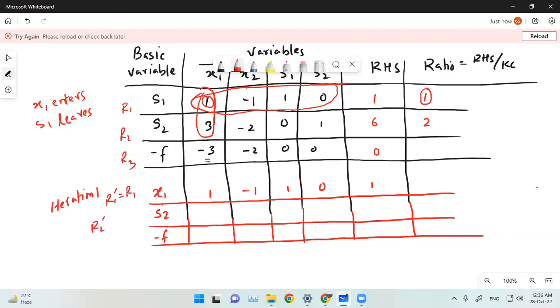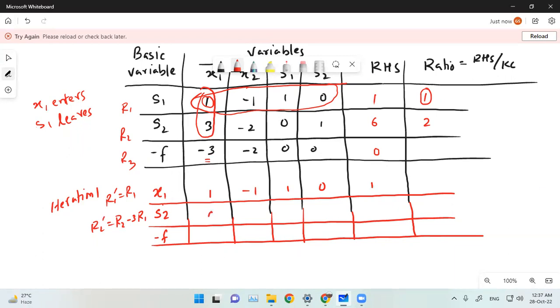R2 prime will be R2 minus 3 R1, so 3 minus 3 will be 0.